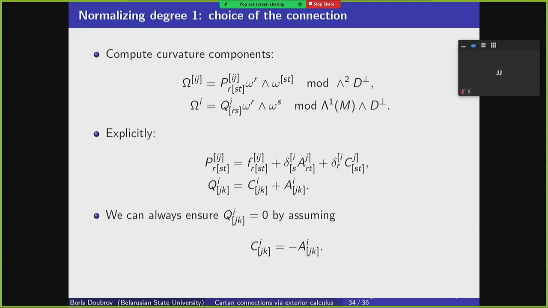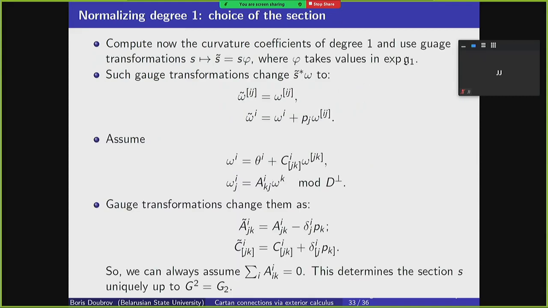But where did the A's originate? A's originate from the Cartan connection form. So A and C are unknown coefficients on the base, and these are part of the Cartan connection we are trying to find, to compute. So we are solving. Again, we have an equation and we impose some normalization conditions.